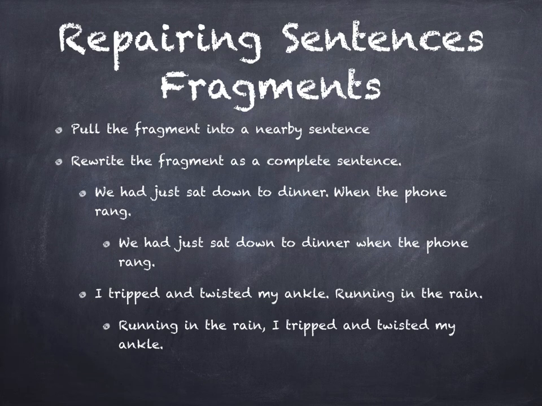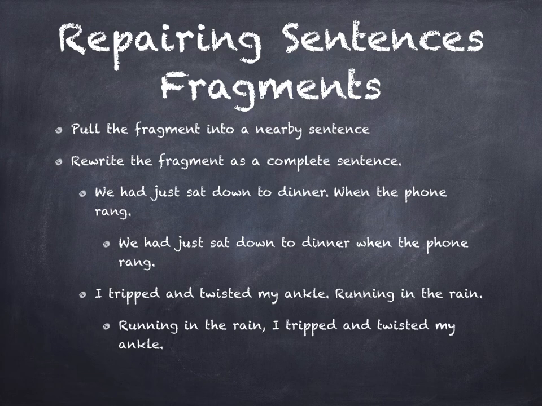Therefore, we have to move this entire phrase to the beginning of the sentence, because it's acting as an adverb and it needs to modify who was actually running in the rain. It was not just my ankle alone. It was my whole body. It was I. And this is how it appears.